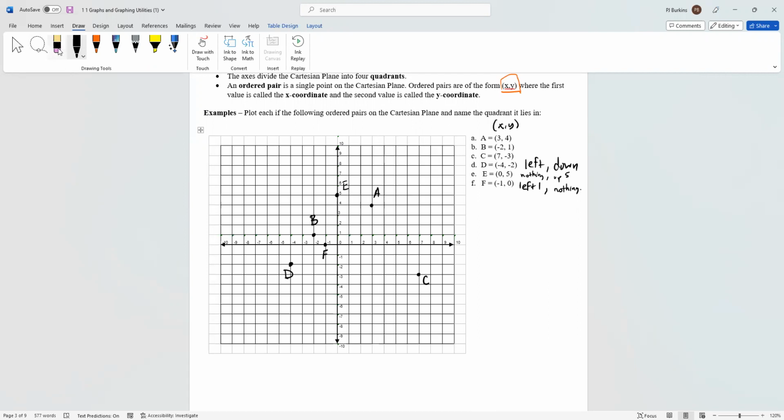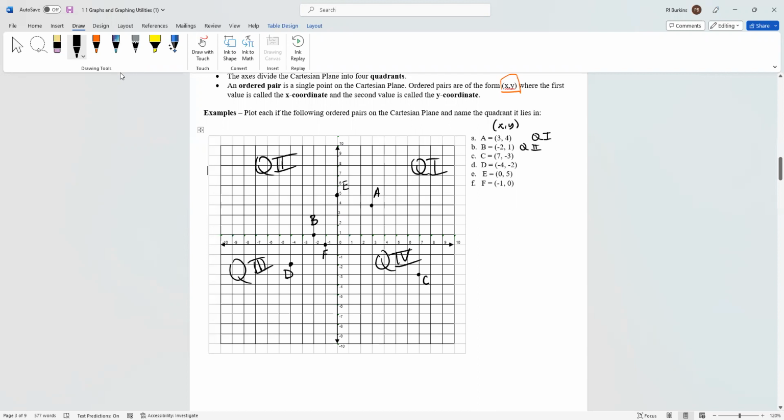All right, so let's describe what quadrants these are in now. Okay, so point A is in, remember this is quadrant 1, quadrant 2, quadrant 3, quadrant 4. So A is in quadrant 1. B is in quadrant 2.